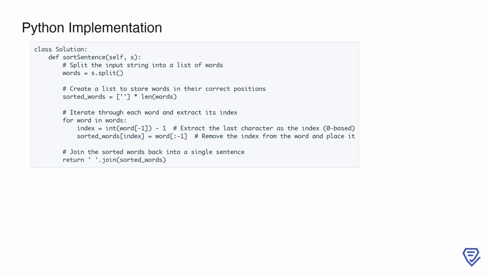Finally, all words in sorted_words are joined into a single string using ' '.join(sorted_words) to reconstruct the original sentence. This string is returned as the output. The solution ensures correctness by systematically placing each word in its proper position, and handles edge cases such as varying sentence lengths and different word orders effectively.